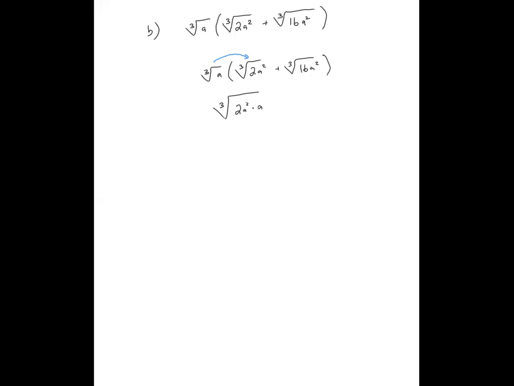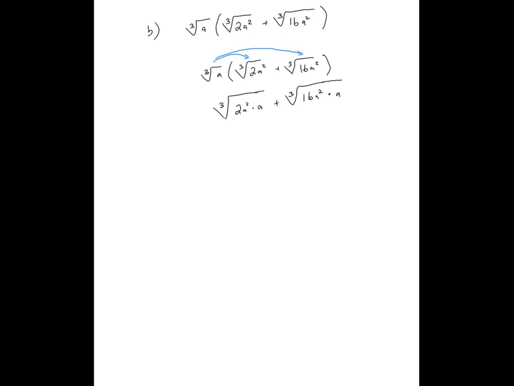Any questions there, y'all? Okay, now I continue. Now I'm going to multiply it to this next term, so it's plus the third root. I'm going to show the 16a squared first, and I follow by the a. Any questions here?